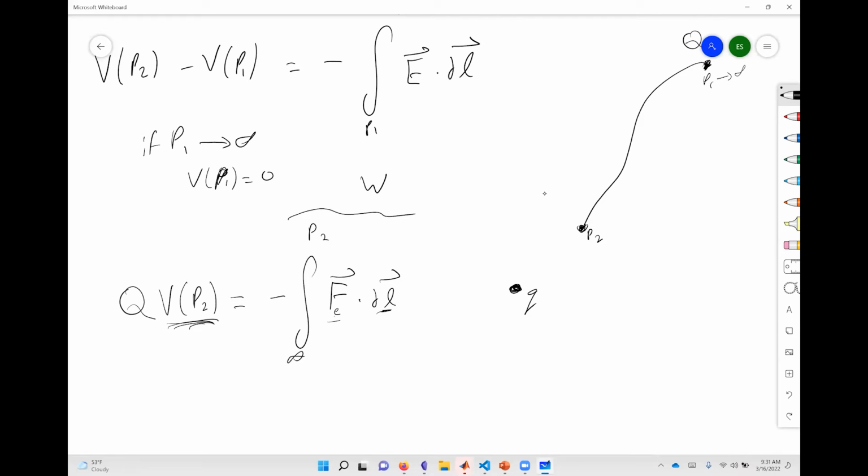V is a representation of how much energy per unit charge. Like if I had 1 Coulomb, how much energy would I need to move it from infinity to P2? That's the voltage at P2, right? So it's the energy per unit charge needed to move a charge from infinity to a certain point.